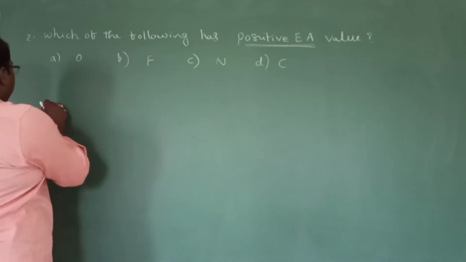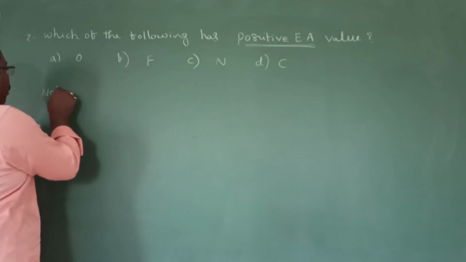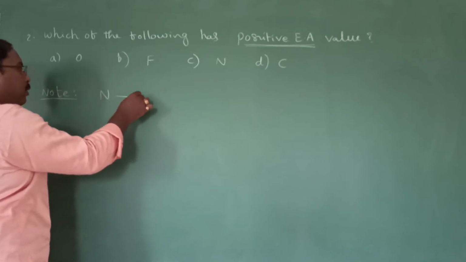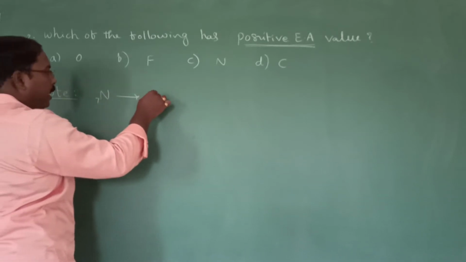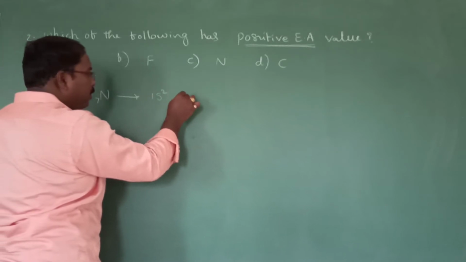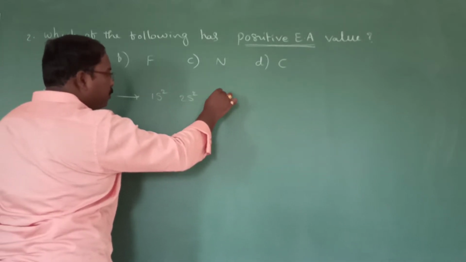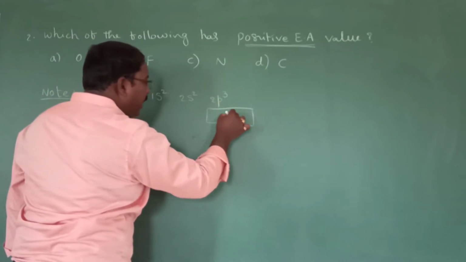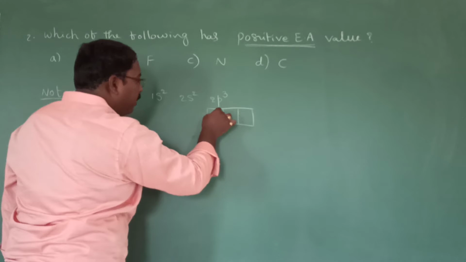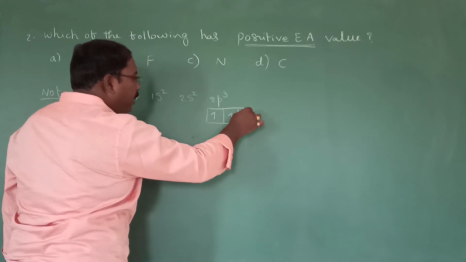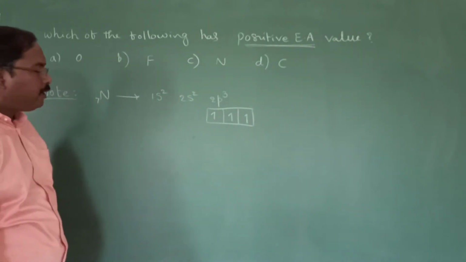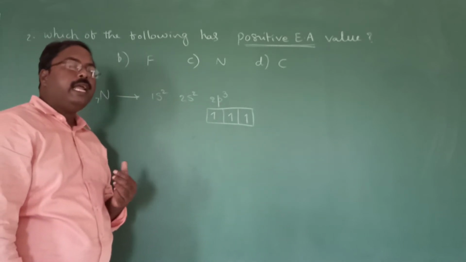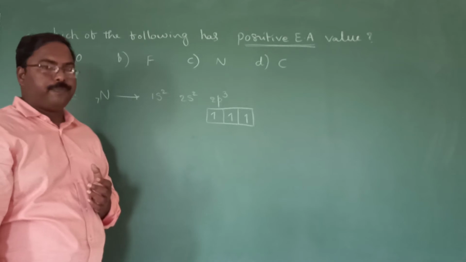Here, focus on nitrogen. Nitrogen has atomic number 7 and its electronic configuration is 1s2, 2s2, 2p3. So nitrogen has a half-filled electronic configuration, and due to this it has more stability.